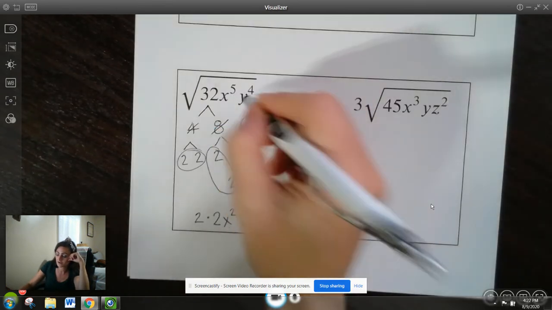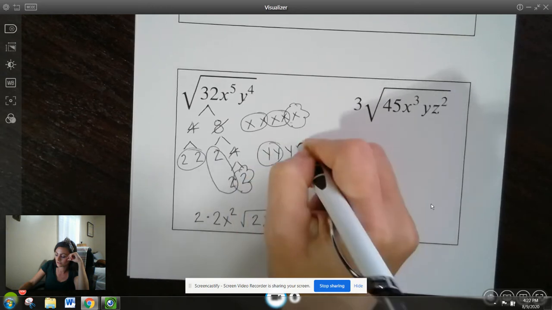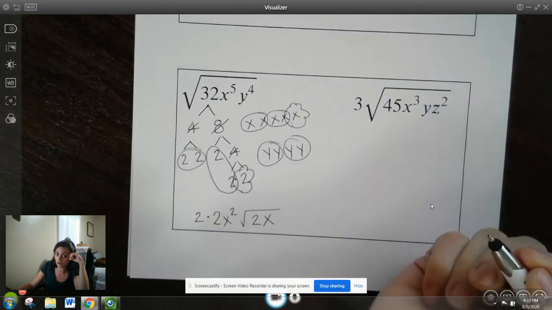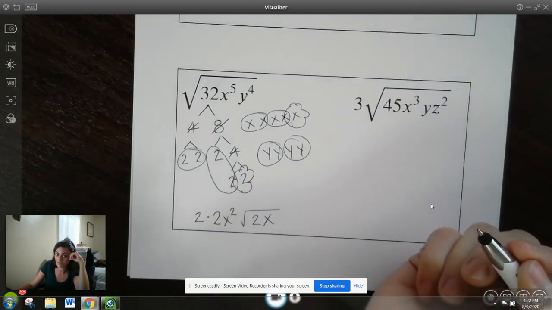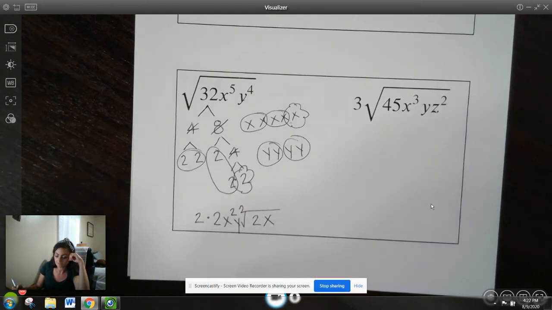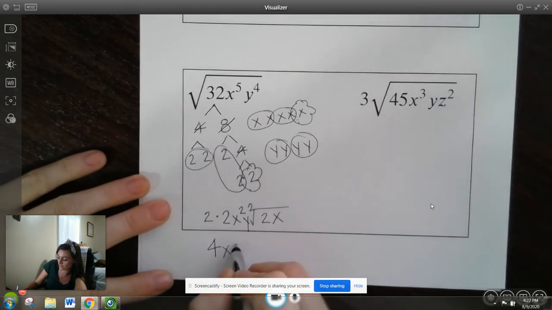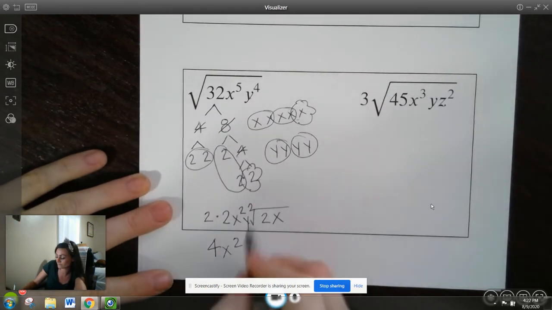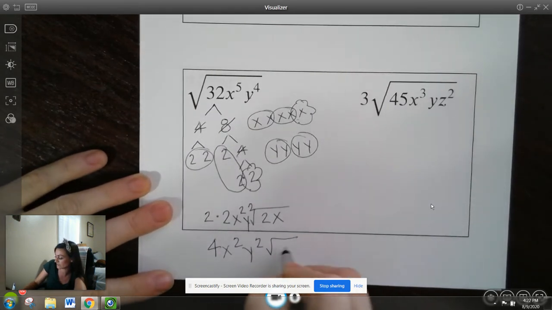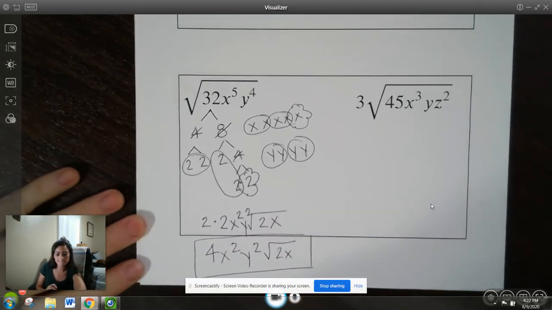Y to the 4th is 4 y's. So that's 2 pairs of y's. So I can write that outside as y squared. I'm going to simplify as much as I can. All I can do is write 2 times 2 is 4, and then everything else will stay the same. So that's my final answer there.